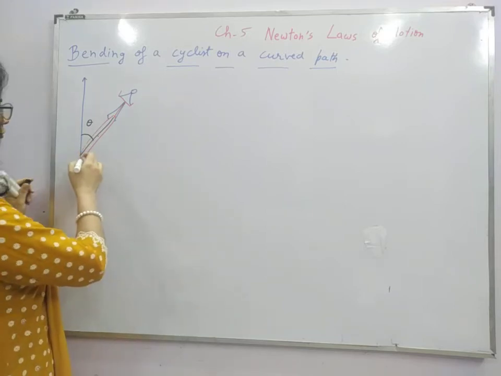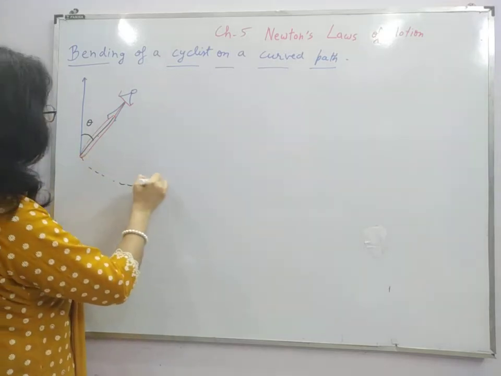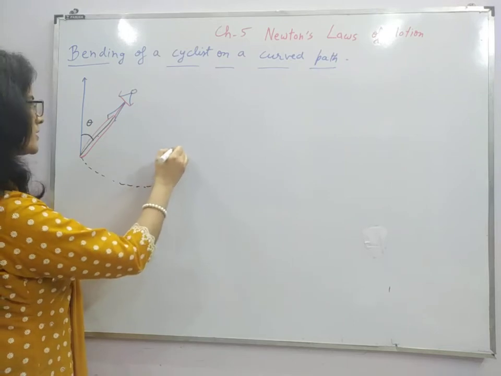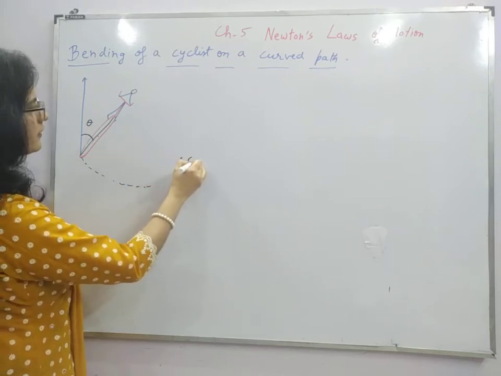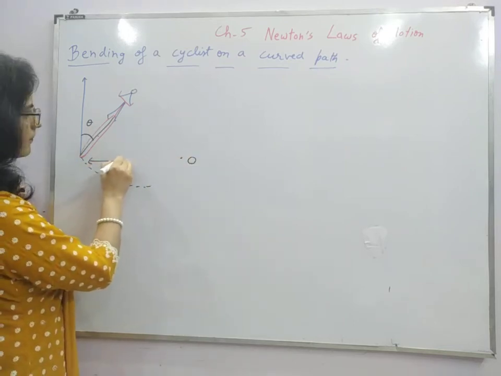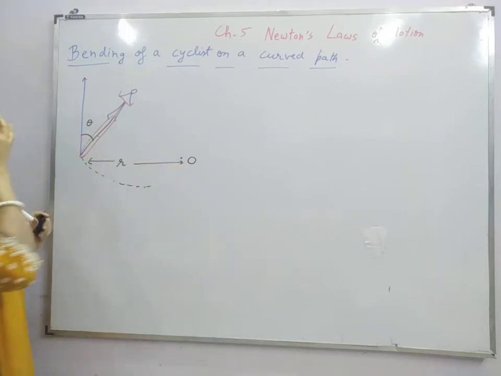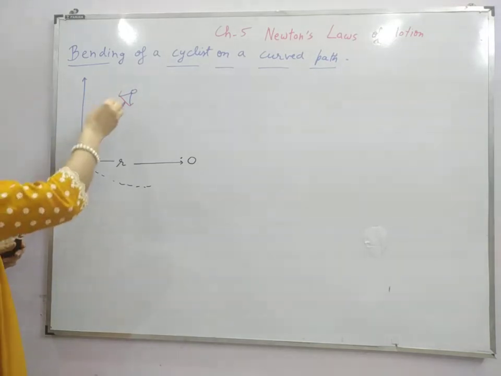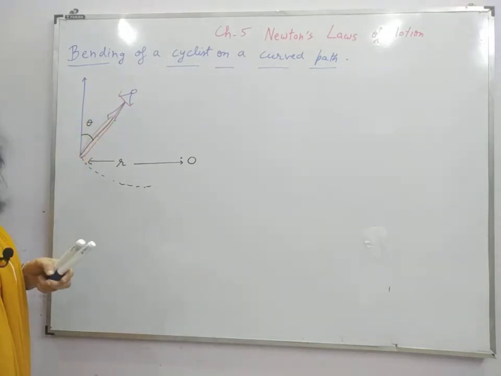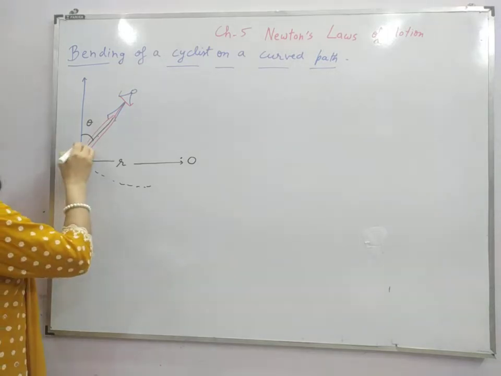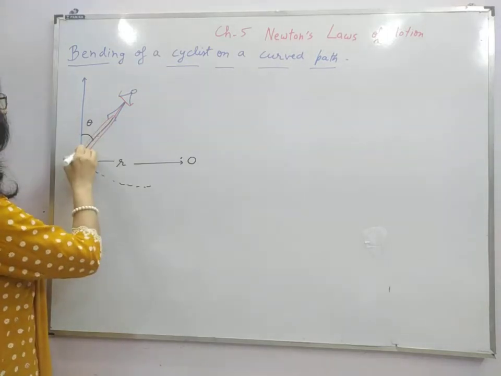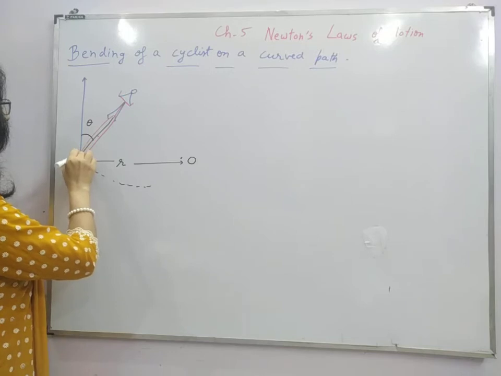Now the path on which he is moving is a curved path, and the radius of this curved path is r. If m is the mass of the person and the cycle together, then obviously the weight will act downward.